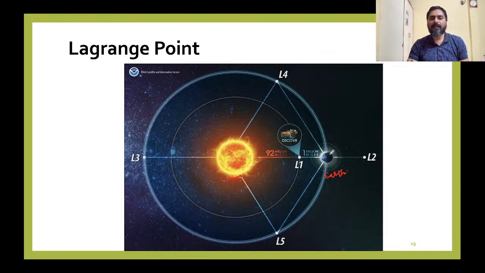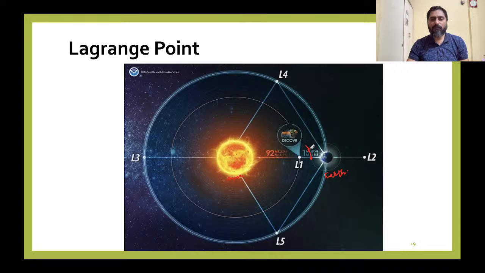So when we say Lagrange point, if we place an object closer to the sun from Earth, closer with respect to Earth, it will have more speed than Earth.